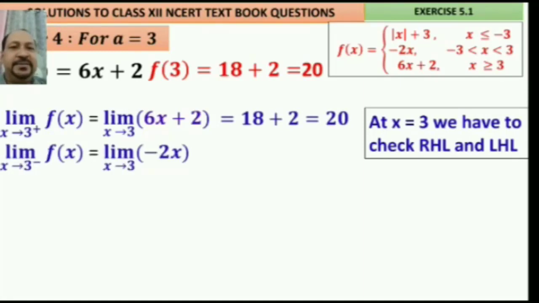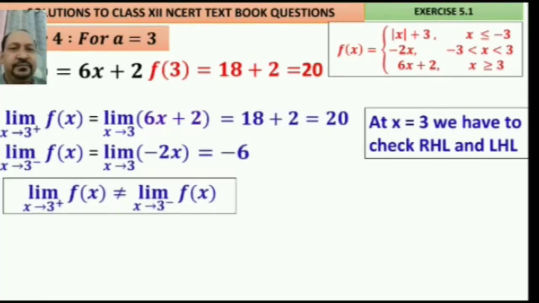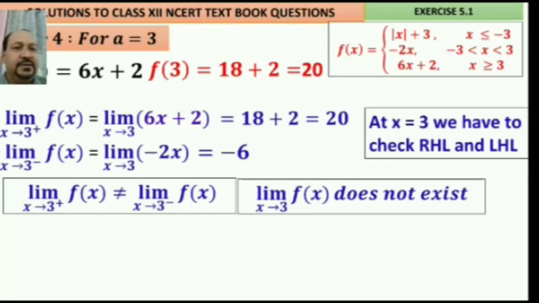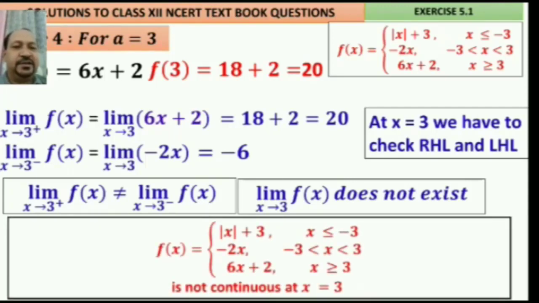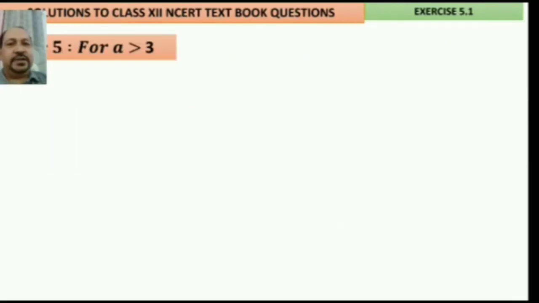For left hand limit also you will get minus 6. As left hand limit is not equal to right hand limit, limit x goes to 3 f of x does not exist, so we can conclude that the function is not continuous at x equal to 3.